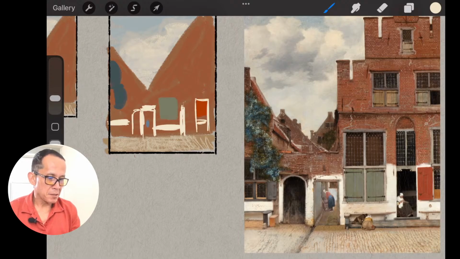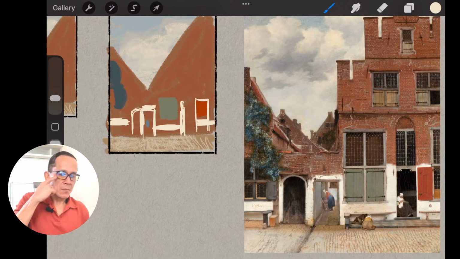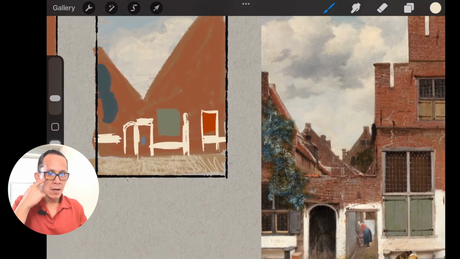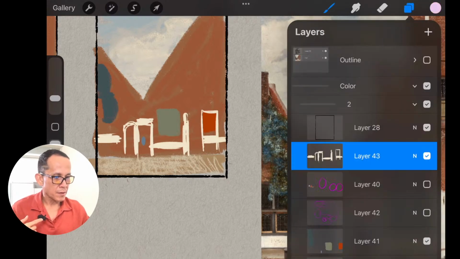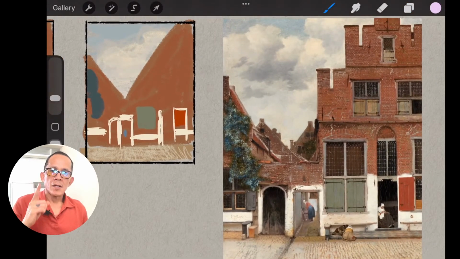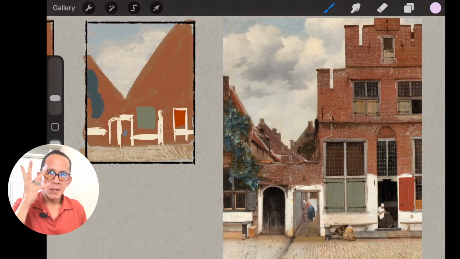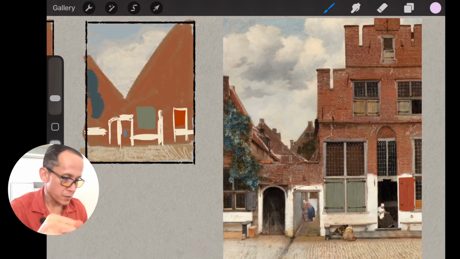And yes, this building probably did look like this. This building probably did have these little white things. But what these are, little color frames to draw your eye and tell an emotional story about these figures.